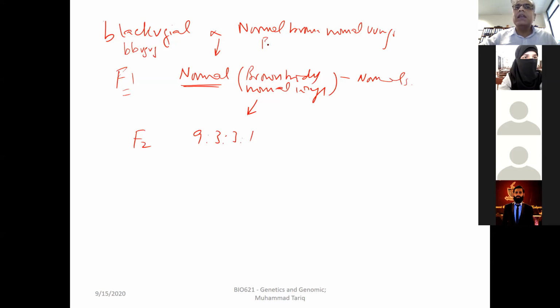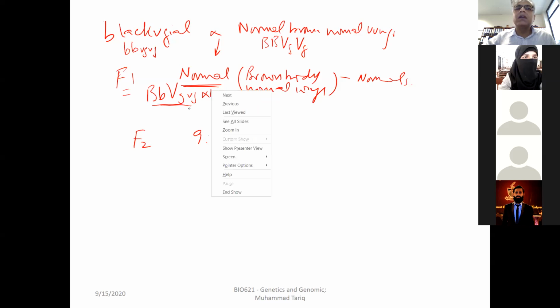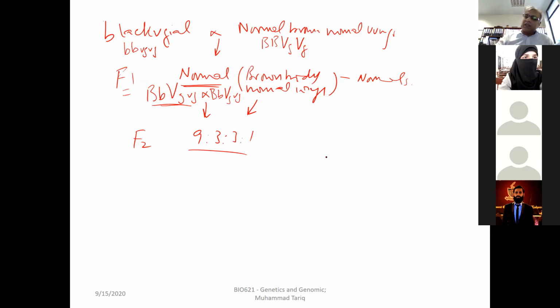Normal will be, and this normal will be, when you cross it with a sibling of the same genotype, you expect this ratio, but this was not the case.